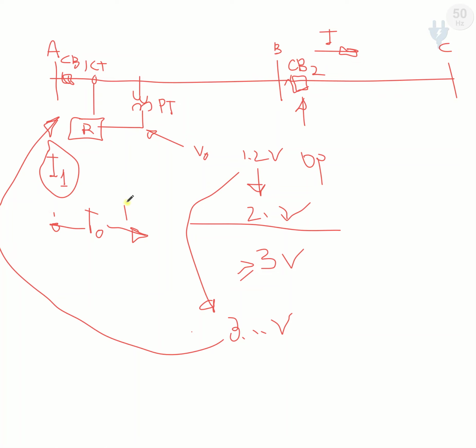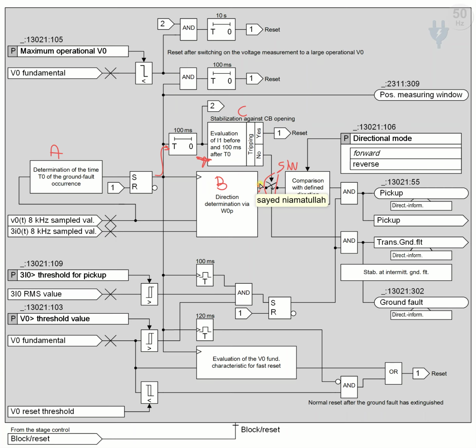So the relay understands that there is no fault, and it is the opening of the second circuit breaker of the system. This is all that block C, the stabilizing block, does.